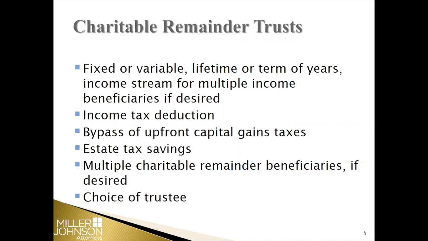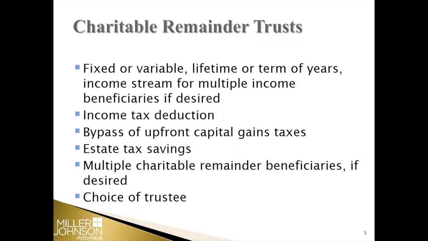So if you set up a charitable remainder trust, you don't have to designate only one charity as the remainder beneficiary. You can list your church, you could list a hospital, a college or university, or any public charity you'd like to list. It's also possible to list a private foundation as a remainder beneficiary.